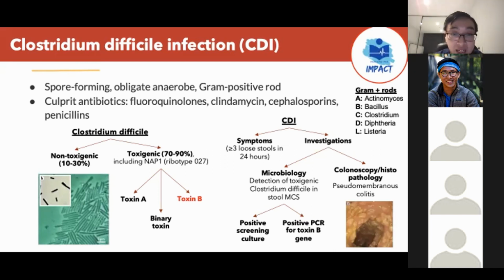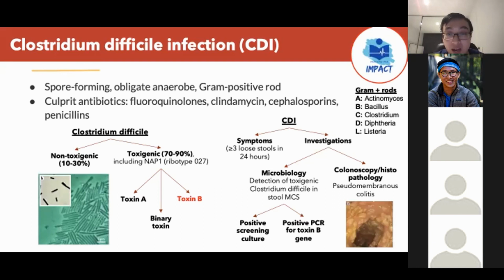So you can do a gram stain and be able to see the Clostridium difficile organism. But that alone is not sufficient to diagnose Clostridium difficile infection, because the Clostridium difficile that you've cultured can be a non-toxigenic strain. So the next step is to confirm that the Clostridium difficile that you saw on culture is a toxigenic strain rather than a non-toxigenic strain.